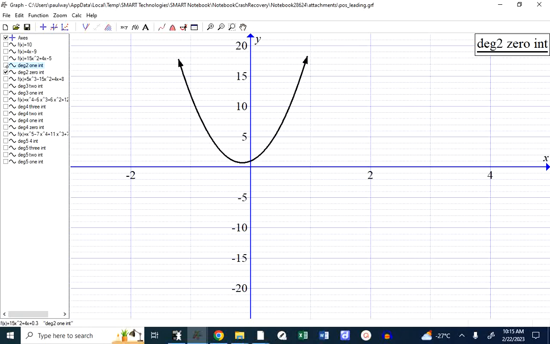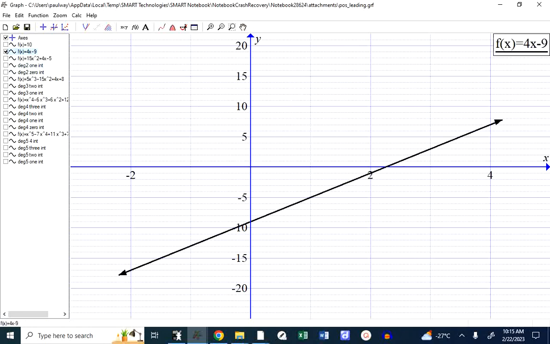So let's go back to the beginning. A degree 0, with the exception of y equals 0, has no x-intercepts. A degree 1 has 1 x-intercept. Let's stop for a second. Does a degree 1, a linear function, have to cross the x-axis? Yes. There's no other way you could draw a graph that's linear if it doesn't cross the x-axis.